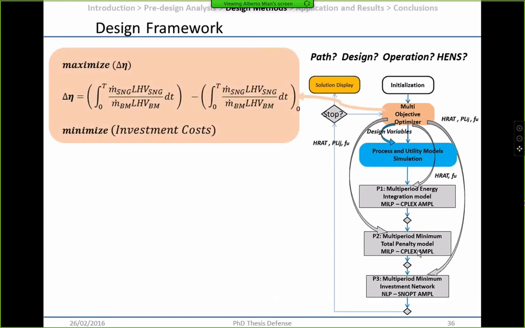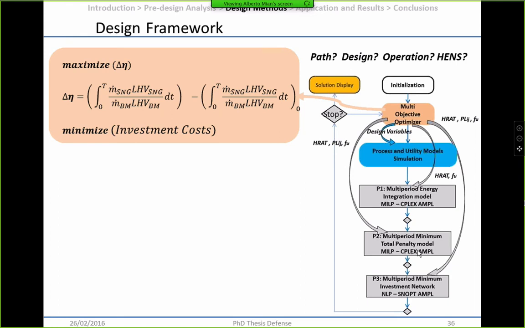In this case, I consider two objective functions: the maximization of the increase of biomass to fuel efficiency when we do not optimize these variables and when we optimize these variables. And I took the investment cost as the second objective.